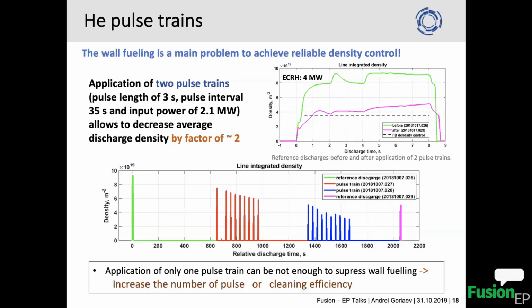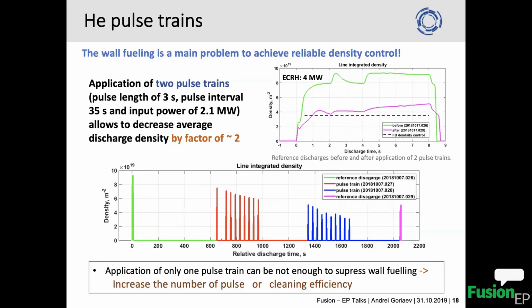When we had a wall saturated with hydrogen, we could not reach it because we had strong wall fueling and the density was almost 2.5 times higher. So we needed to apply wall conditioning in this case to desaturate the wall from hydrogen to get back the density control.